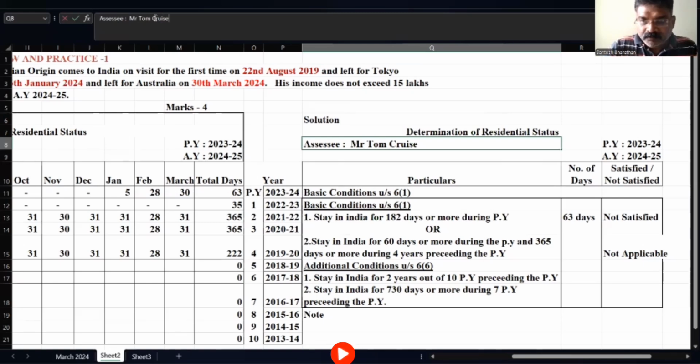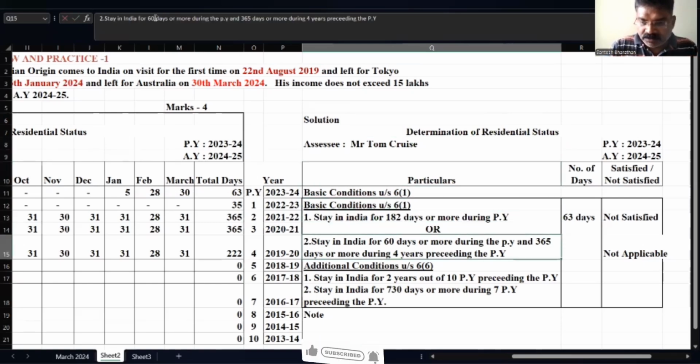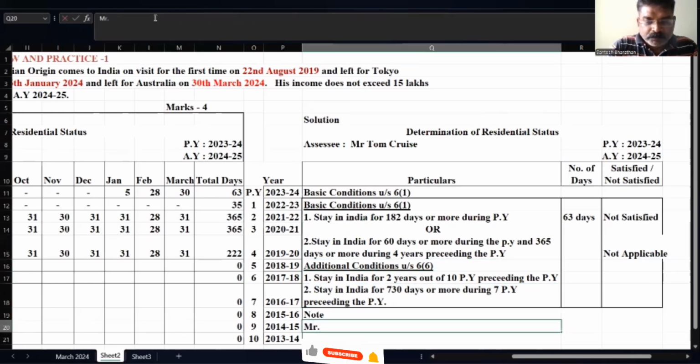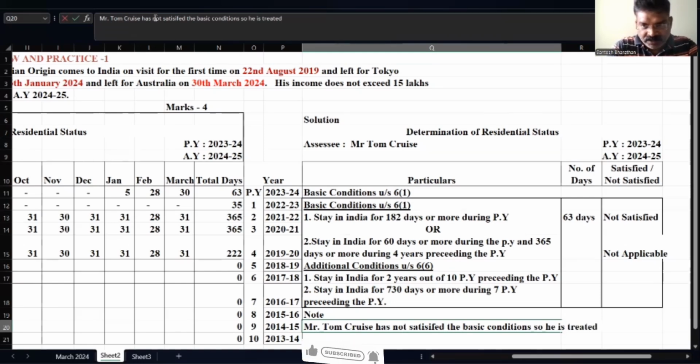I'll make a note: Mr. Tom Cruise has not satisfied the basic condition, so he is treated as non-resident.